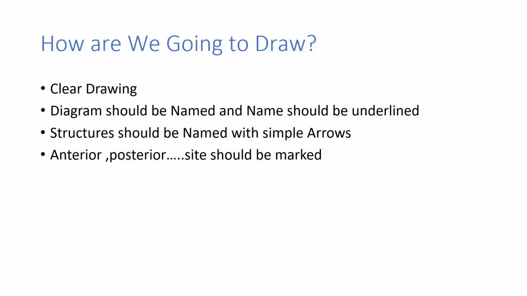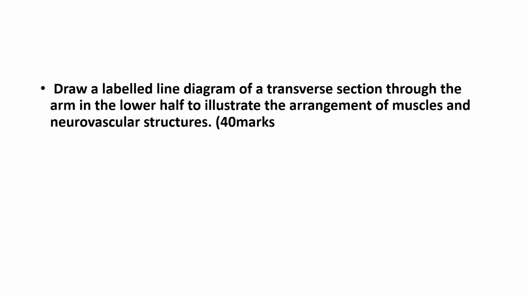So I will show you an example. Okay, this is an example question. Draw a labeled line diagram of a transverse section through the arm in the lower half to illustrate the arrangement of the muscles and neurovascular structures.